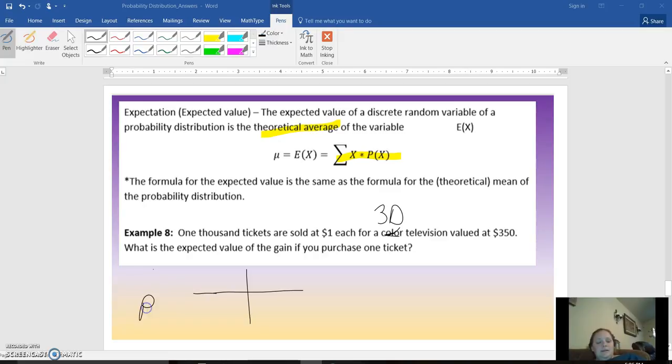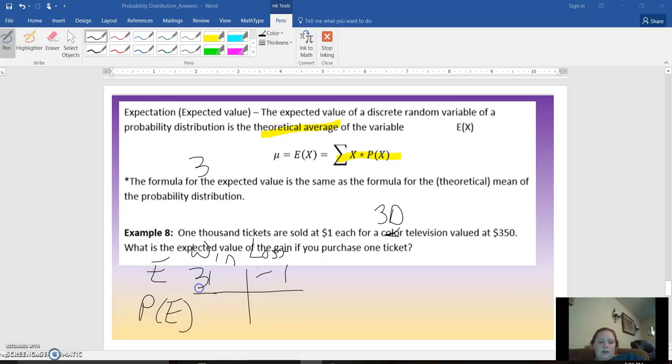All right, so probability of the event and then the event. So if you win versus if you lose. So if you lose, you're out $1.